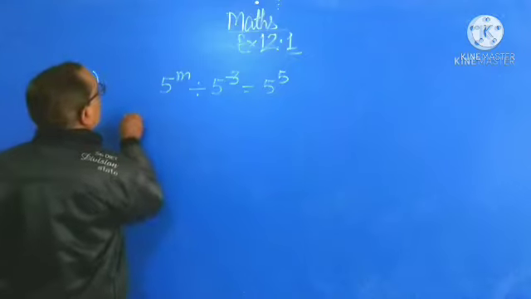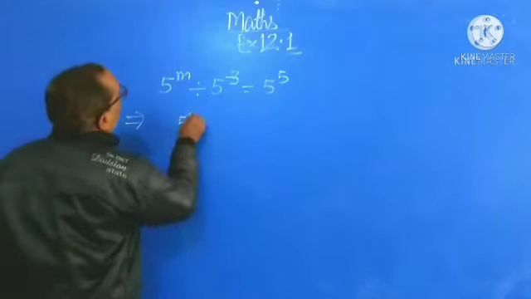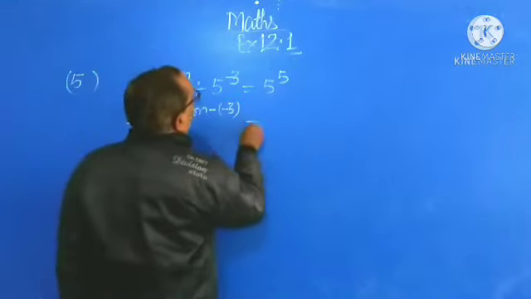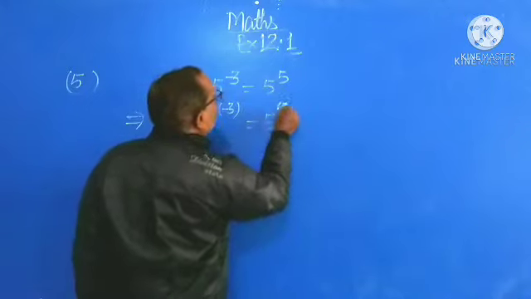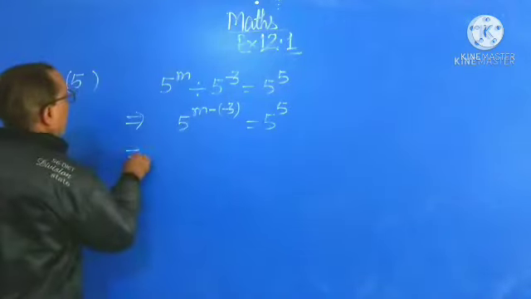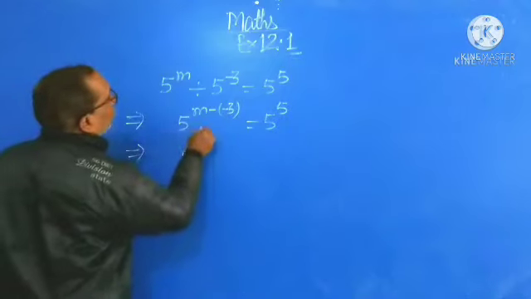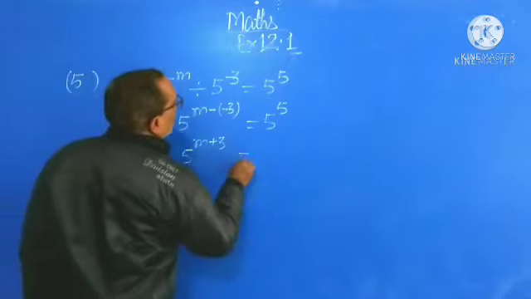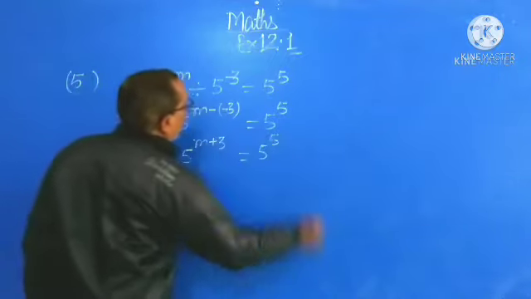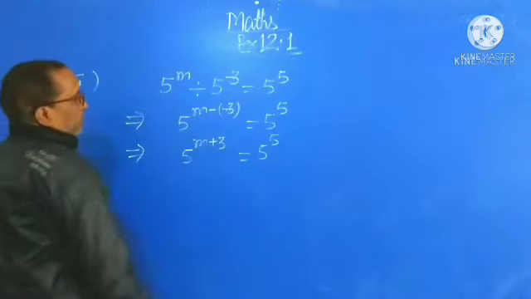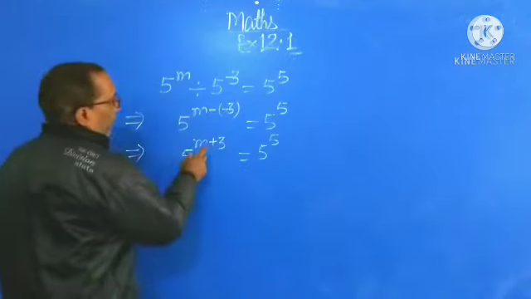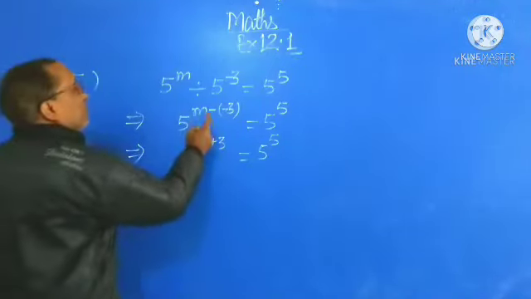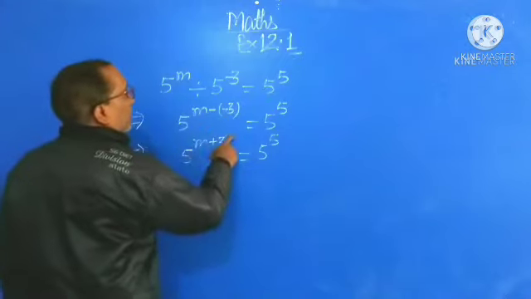Then you write 5 raised to power m minus minus 3 is equal to 5 raised to power 5. When you simplify this, you get 5 raised to power m plus 3, because minus into minus is plus, equal to 5 raised to power 5.